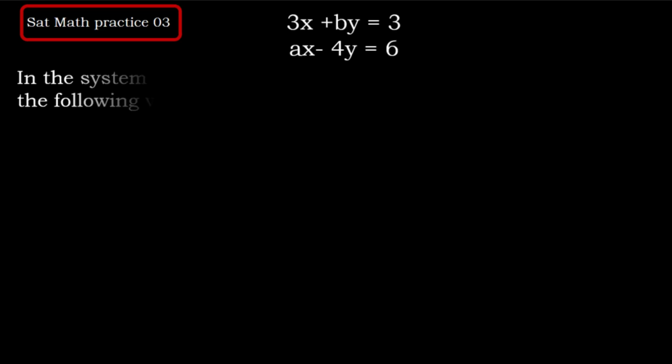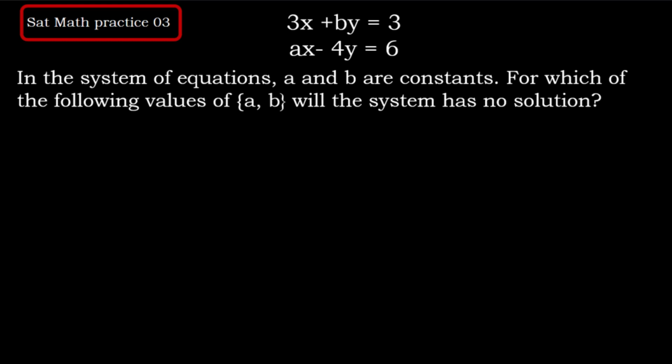Next, we have two linear equations: 3x plus by equals 3 and ax minus 4y equals 6. In the system of equations, a and b are constants. For which of the following values of (a, b) does the system have no solution?